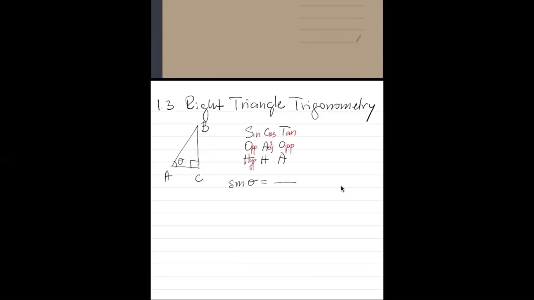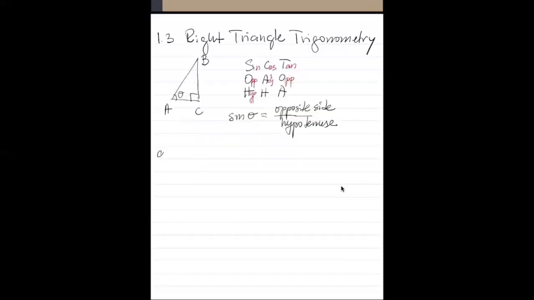So the sine is opposite side over hypotenuse. Cosine is adjacent over hypotenuse. Tangent is opposite over adjacent.